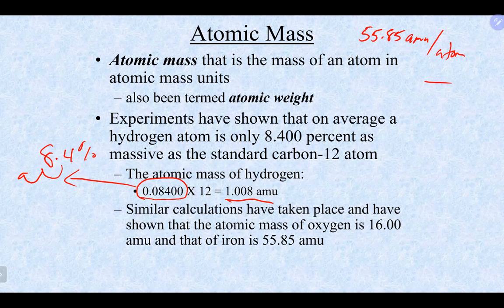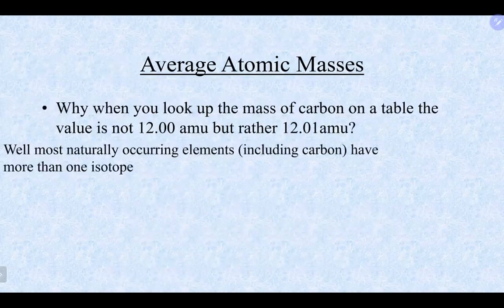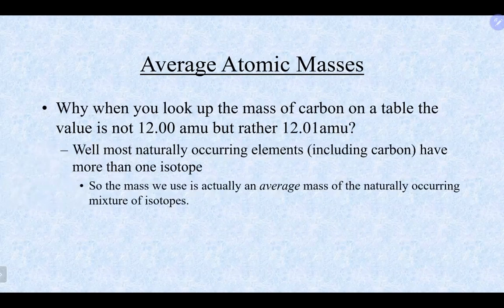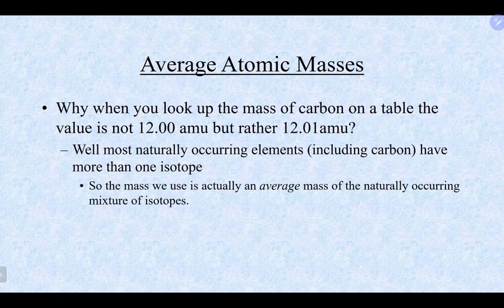Now, if you look at carbon on the periodic table, we actually don't see it listed as exactly 12, which you might expect since they chose the carbon-12 isotope as the standard. With carbon and a lot of the elements on the periodic table, what we're looking at are the average atomic masses. They're the average atomic masses for all the naturally occurring isotopes of that particular element.